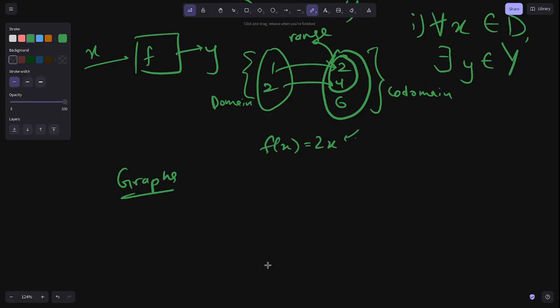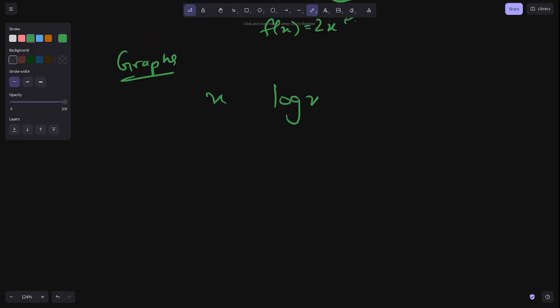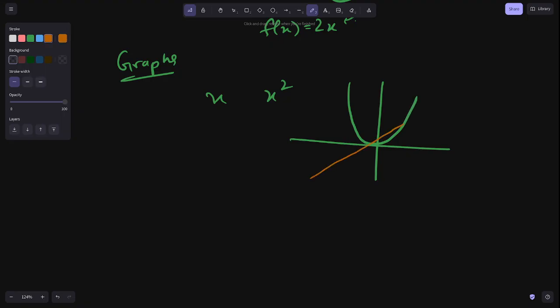In some cases, for example, if I tell you x and x square, can you relate them? I can draw this graph. The x square graph looks like this and it will touch here, something like this, and x looks something like this.